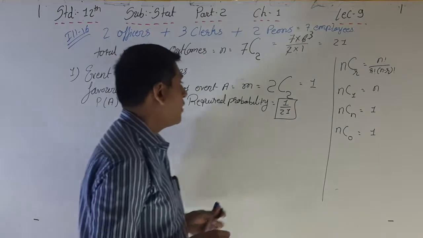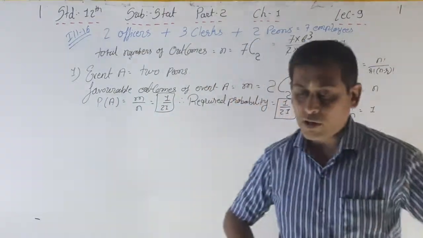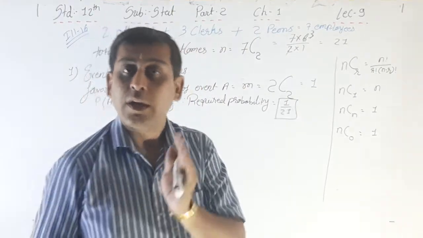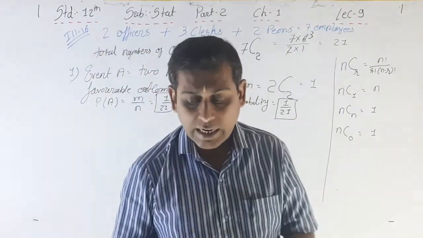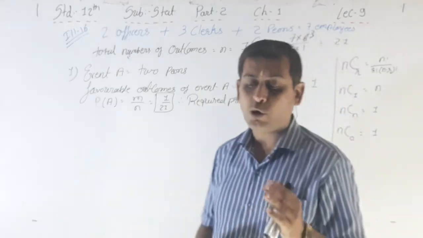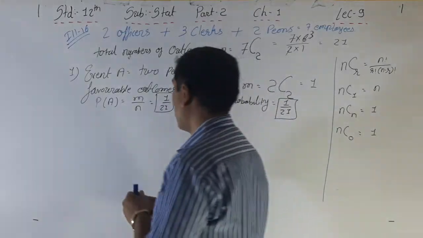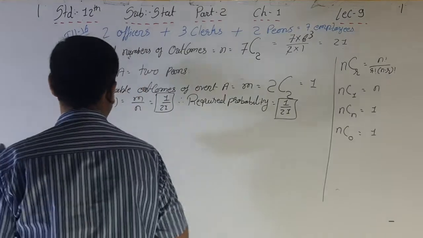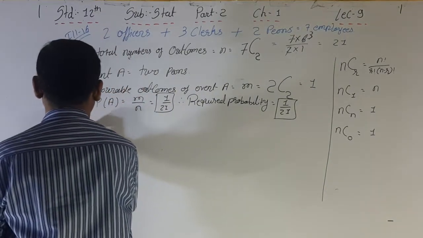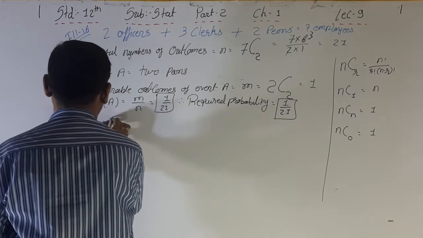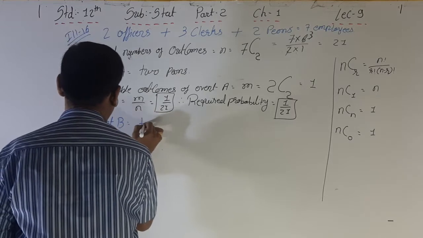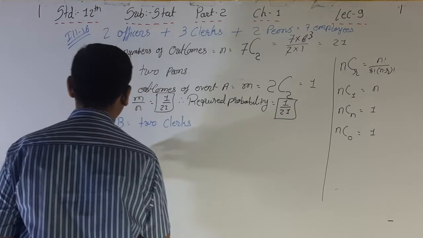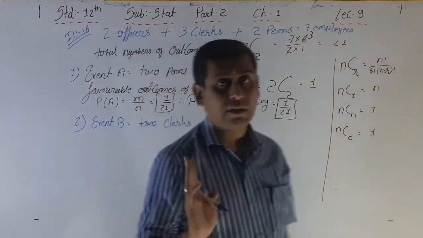Okay, so here first event, first question, selecting 2 persons who are 2 peons is over. Now the second event is 2 clerks, event B. How many clerks are there? There are 3 clerks, right?